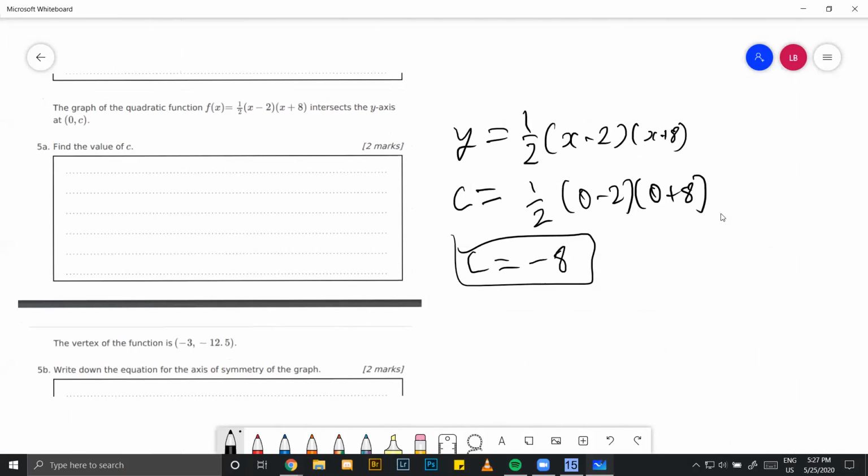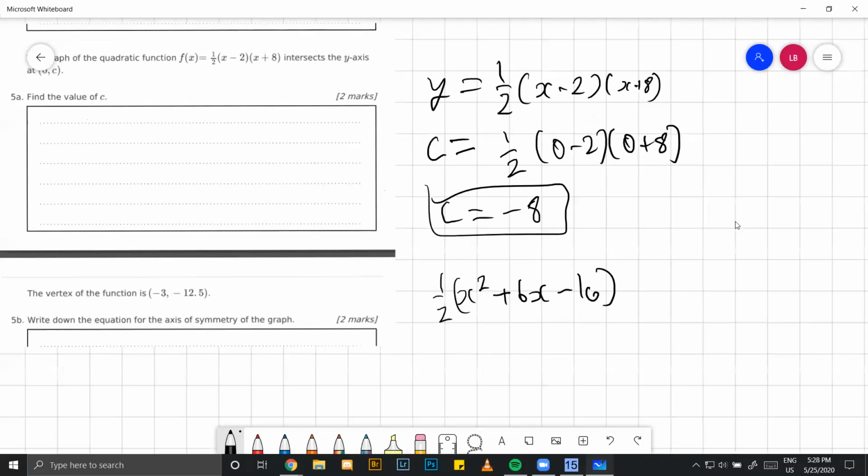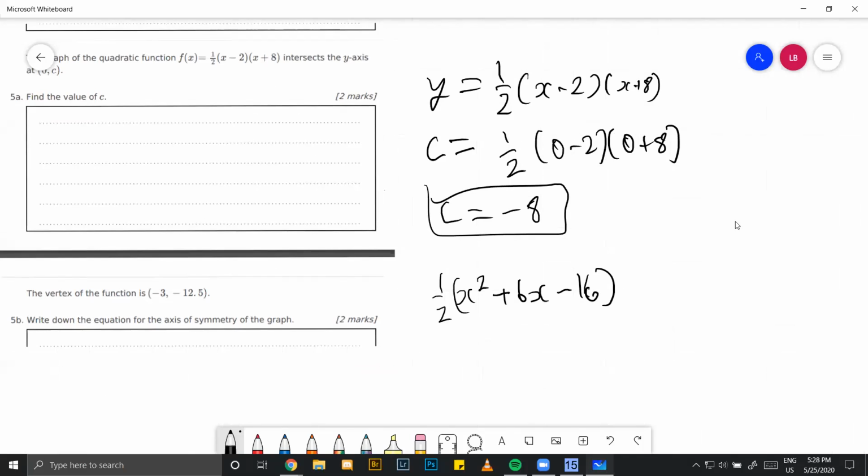Another way to look at this is to first expand f of x. If you expand f of x, you get half x squared plus 3x minus 8.